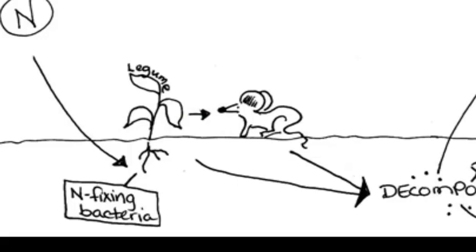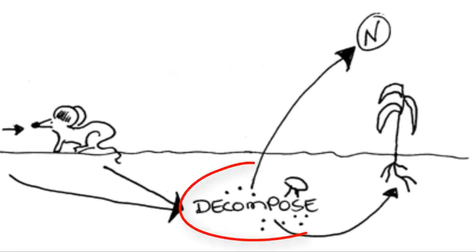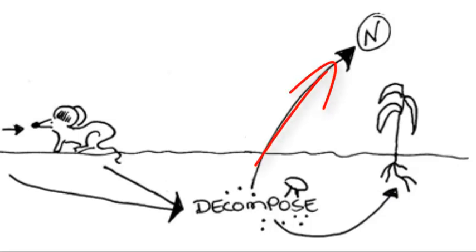If the plant dies and decomposes, or the animal dies or defecates and decomposes, the decomposing organisms in the soil break that material down. Nitrogen can then be taken up by another plant and the cycle starts over again. Or other decomposers can further break down nitrogen, releasing it back into the air in its unusable form.